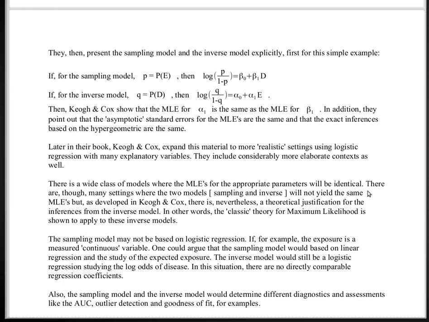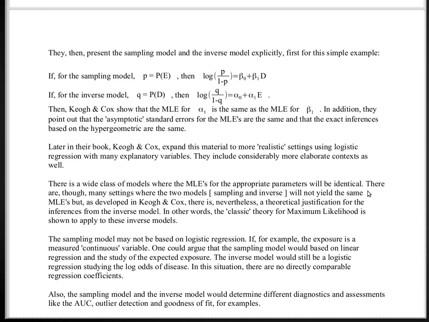But, as has been established through a fascinating literature and many important contributors, including Professor Ross Prentice, a Canadian who spent many years at the University of Washington, it turns out that there's a theoretical justification for the inverse model. In other words, the theory of maximum likelihood established many years ago by Sir Ronald Fisher applies to the inverse models as well.